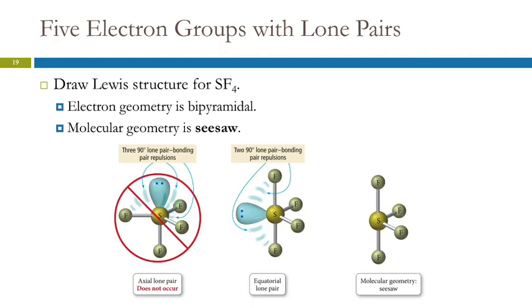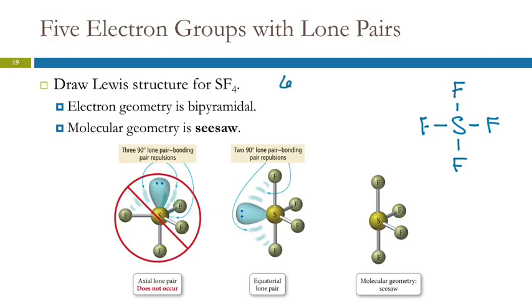So let's look at sulfur tetrafluoride. Draw the Lewis structure, it says, so we'll do that. So sulfur and 4 fluorines. And then we have to think about how many electrons.